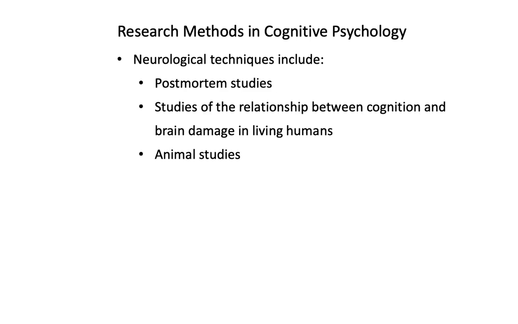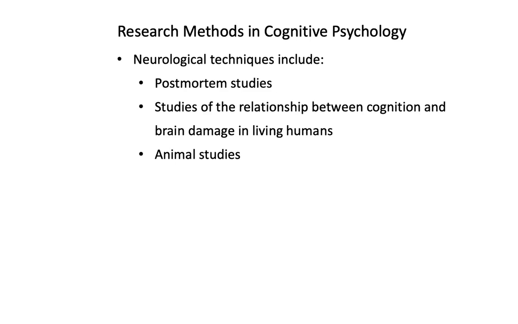So, for example, if we were interested in what happens cognitively when the hippocampus is damaged, we would have to depend on cases that have happened in people as the result of natural happenstance. So maybe there was some sort of injury, right? Like in the case of Phineas Gage, if we were interested in what happens to the frontal lobe when it's damaged, we could look at somebody like Phineas Gage.